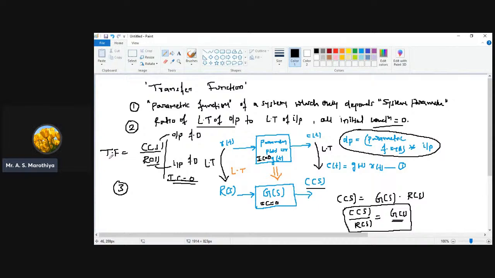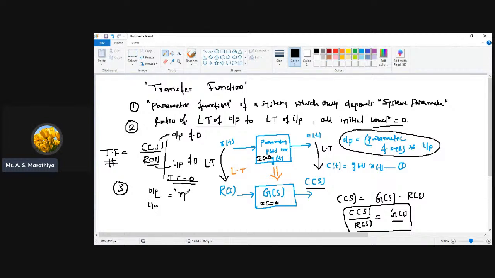So ultimately, transfer function is simply the ratio of output by input. And what is output by input? In the electrical domain or in any physical system, the ratio of output to input is efficiency, indicated by the symbol eta.